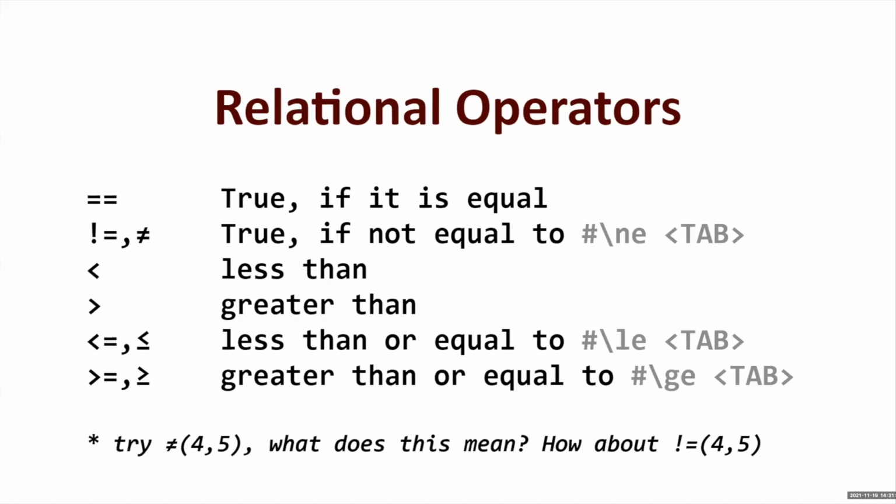Relational operators are also very similar to many other languages, if not exactly the same. Again, for not equal to, there is a special symbol you can use if you have a native Julia installation on your system. You should be able to see this not-equal symbol, which is much nicer than two symbols, an exclamation symbol plus an equal symbol.